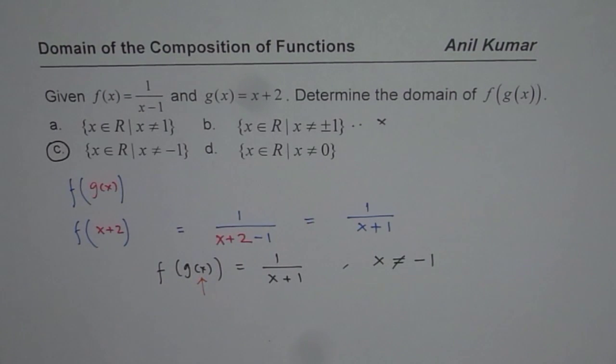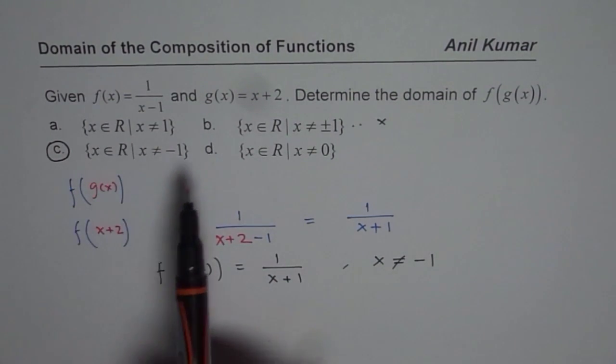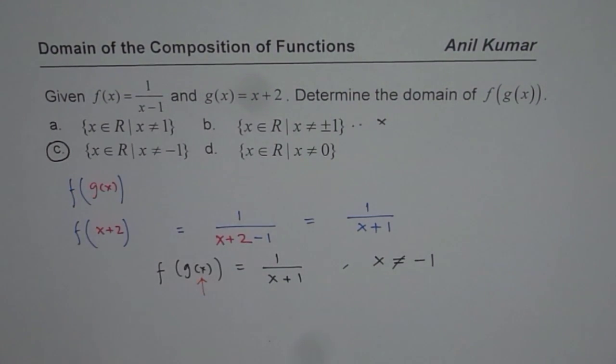So therefore, you need to work it out and then find the answer as we did in this particular video. So remember, the answer for this question will not be A or B, but is going to be C. That is very important to understand before we go into further details on composition of functions.